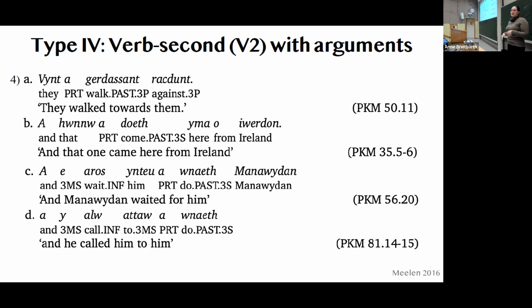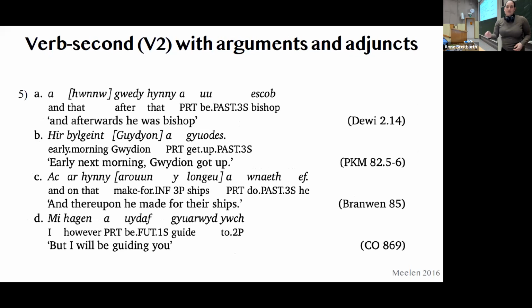the verb second ones with arguments. And these ones are like subjects, for instance. So they walked, I get etc. But they could also be other things. So we have examples of verb second with arguments, and then sometimes we have multiple options.